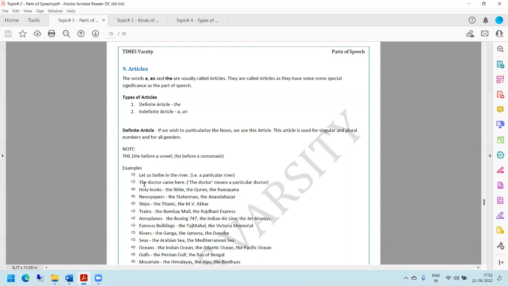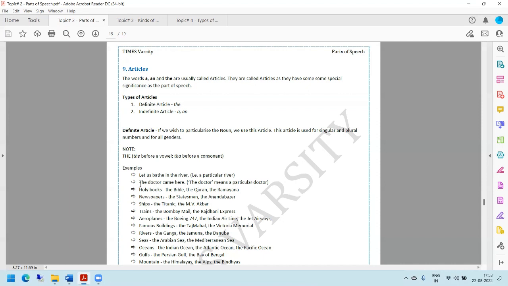Now the doctor came here. So you see, doctor is a common noun, right? Before doctor, the is used. So why? Because the doctor means a particular doctor. We are trying to express about a particular doctor, not any other doctor, a particular doctor, right?